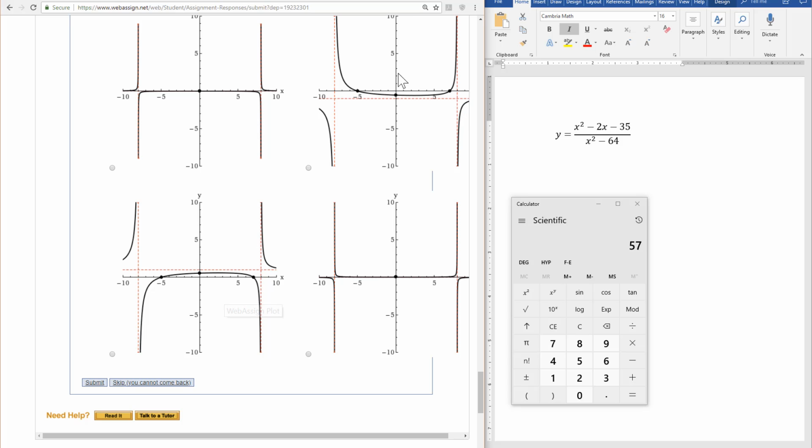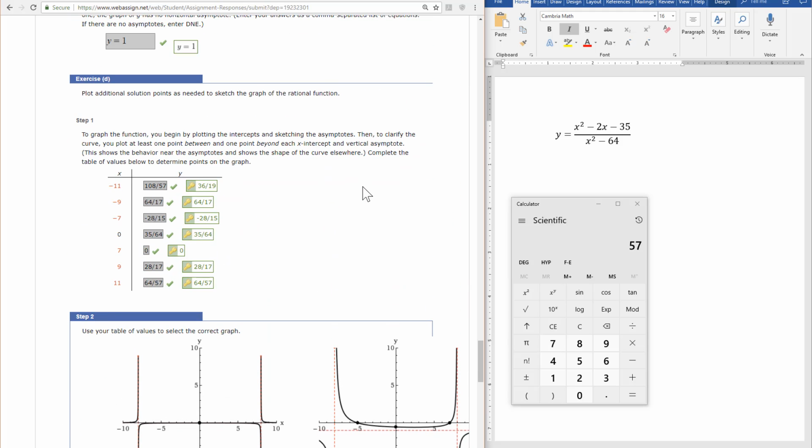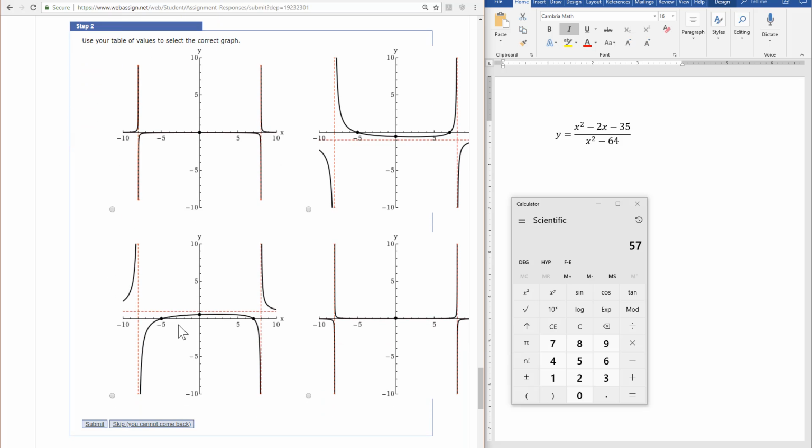Now it's a matter of trying to figure out where this is. The y-intercept for this third graph is positive, and the y-intercept for this second graph is negative. The y-intercept is a positive value, less than 1, but it's positive. So I would go with a positive graph over here, and I would select this one.